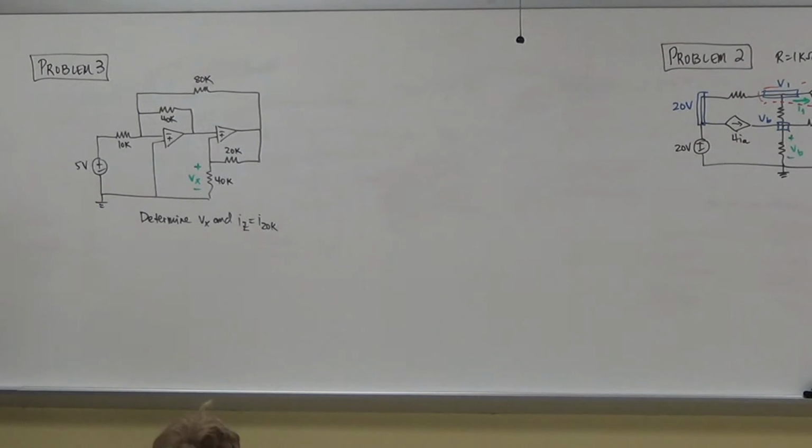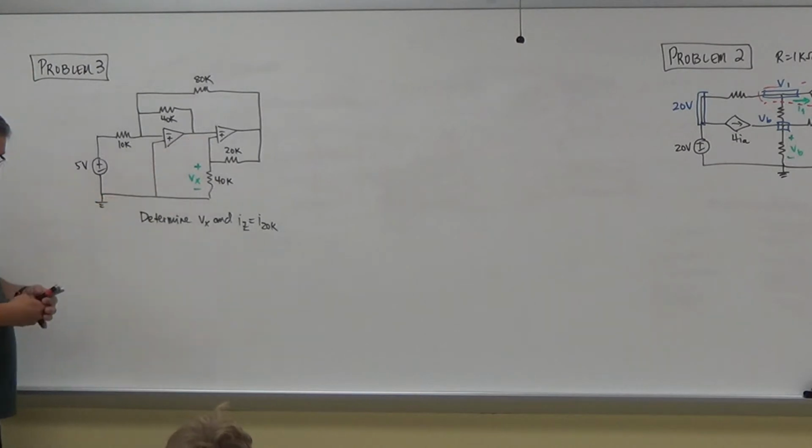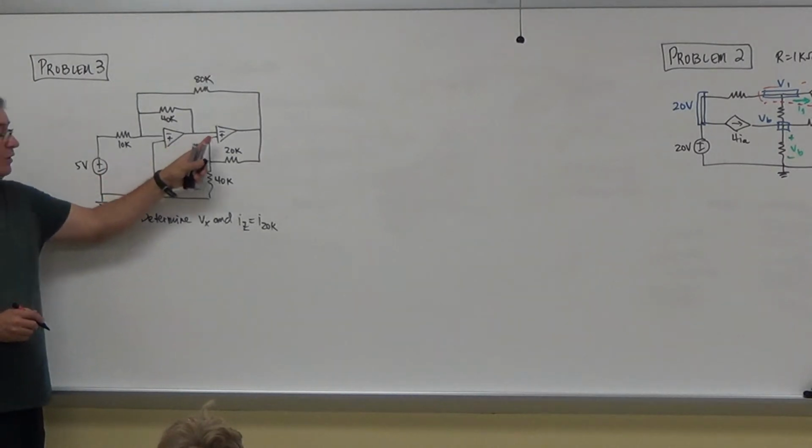But most of the people that tried it weren't even close. One of the reasons why is that note that this output is your voltage source. Can I write an equation for this source? Can I do node analysis on that? You can't. So I can't apply node at here or there.